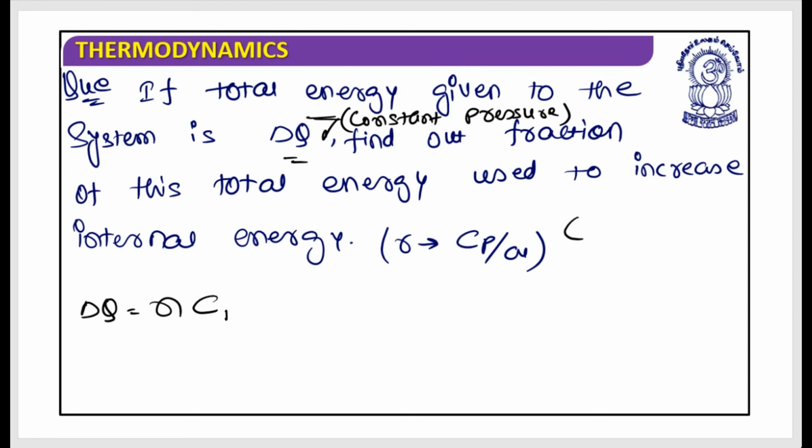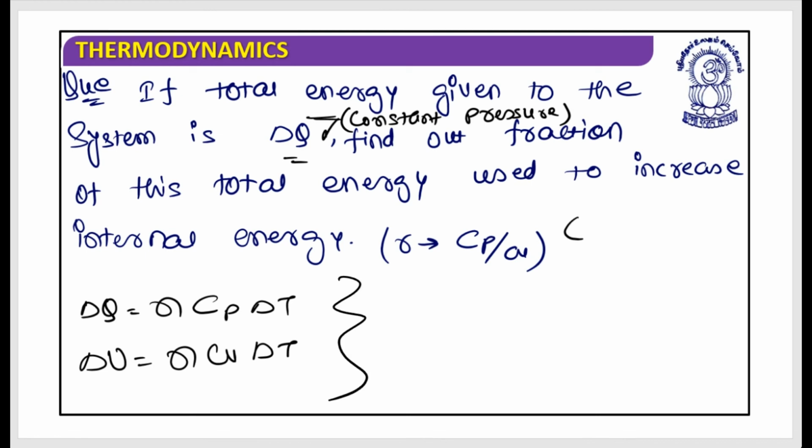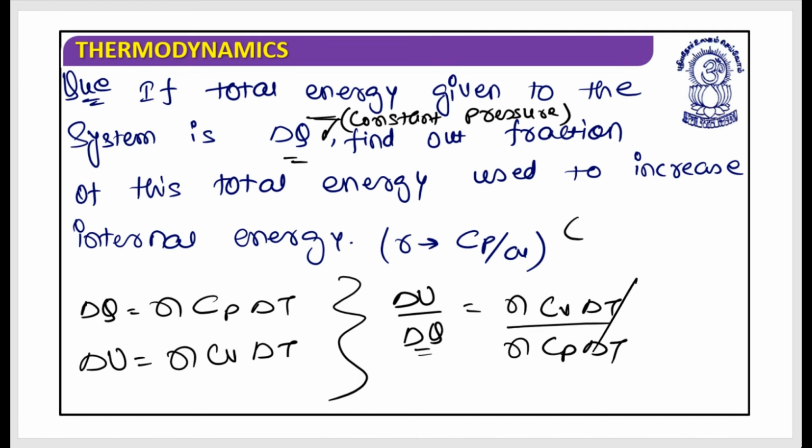So it is nCp delta T, and delta U is nCv delta T. You want to find the fraction, which is delta U divided by delta Q, because the total amount of energy is delta Q, within which delta U has been used. So this equals nCv delta T divided by nCp delta T. This cancels, and this equals 1 by gamma. This is what we call delta U by delta Q.